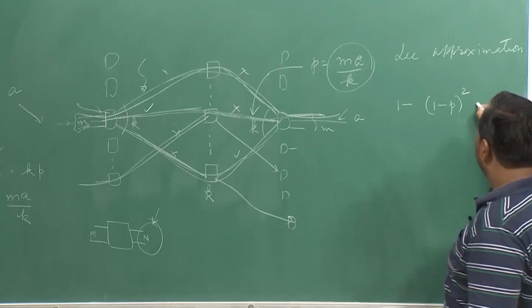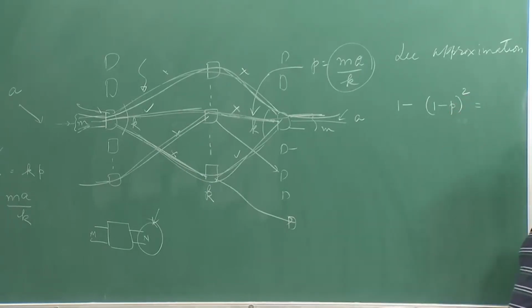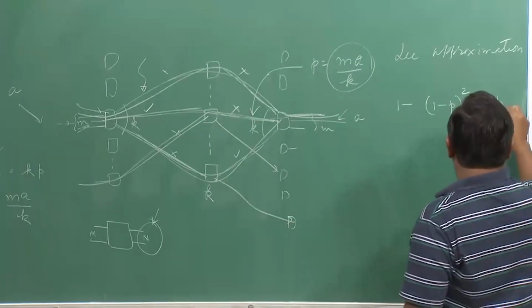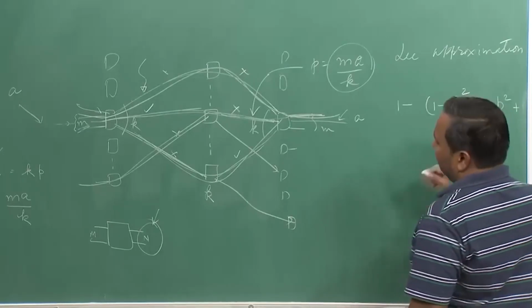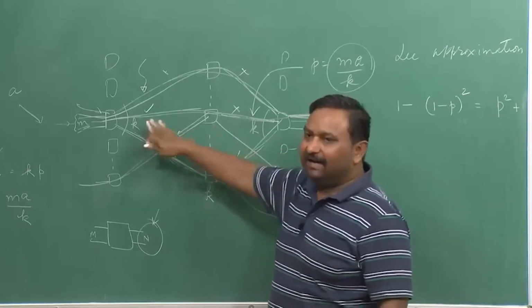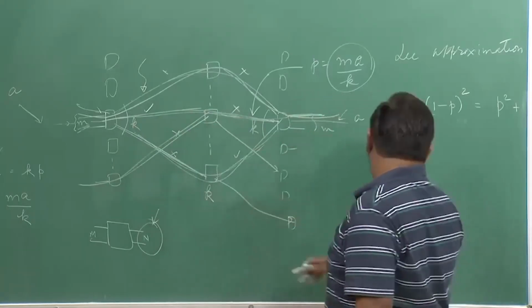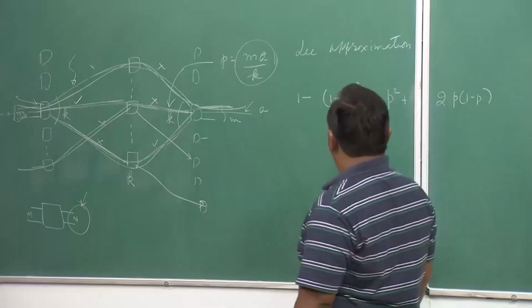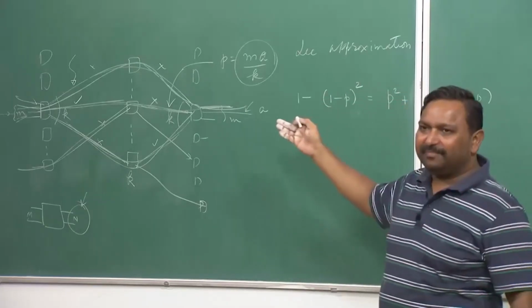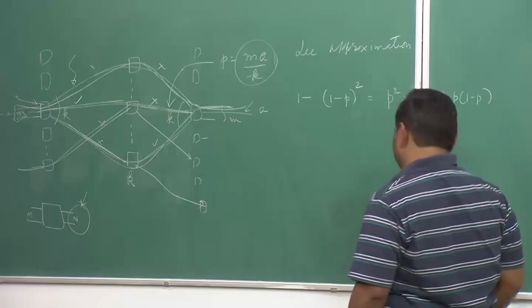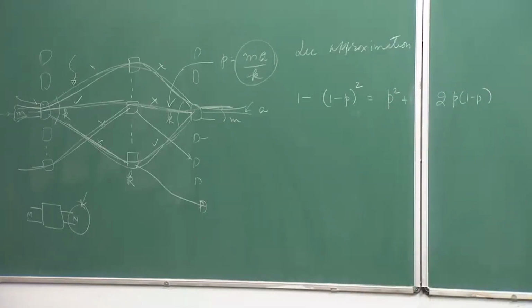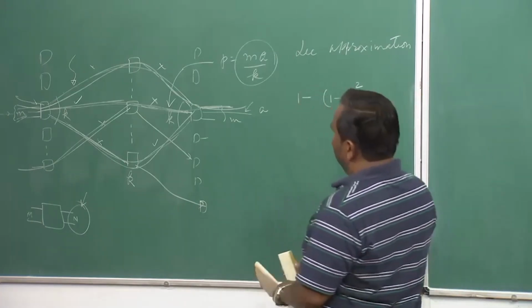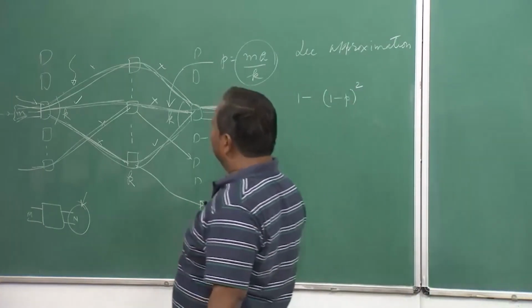Remember this is nothing but equal to both of them being busy, which is p square, plus this is busy and this is not busy, and this is busy and this is not busy, which will be 2 into p into (1 minus p). Remember these both are same. I have just computed it the other way around.